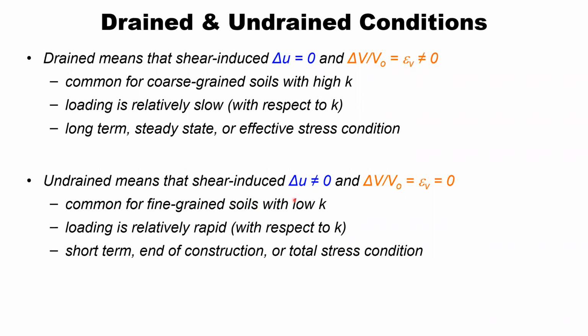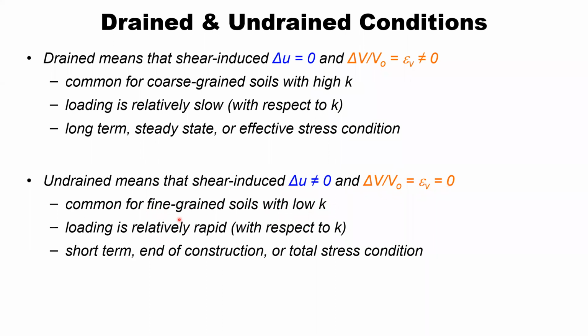And as a result, if the water pressure cannot drain off, if the permeability is low with respect to the loading rate, the soil generates excess pore water pressures. If there is no water escaping that soil skeleton, there's no change in volume, therefore our volumetric strains during that time are zero.